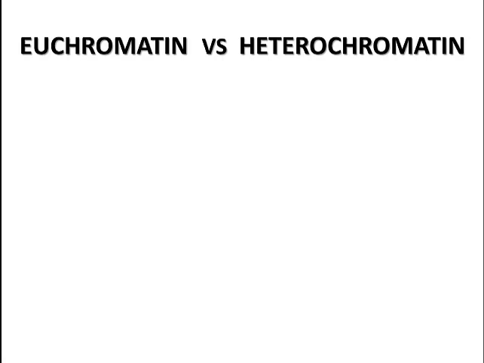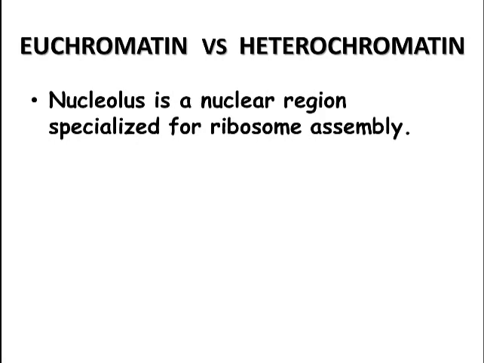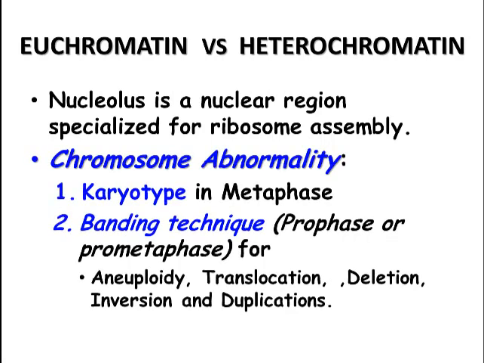So, we come to euchromatin and heterochromatin. We should know that nucleolus is a nuclear region specialized for ribosome assembly. If we are suspected in chromosomal abnormality, we have some options like karyotype and banding. Each of these techniques should be done at a certain stage of mitosis.